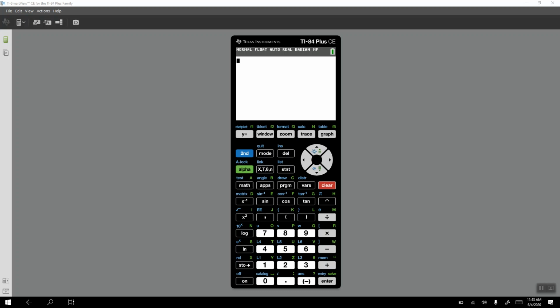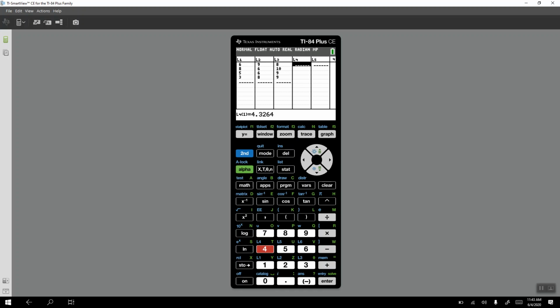I'm going to go to stat, edit, and I'm not going to touch list 1, list 2, or list 3. Instead, I'm going to go over to list 4. This new list 4 is going to contain all of the variances for the individual samples that we were observing.